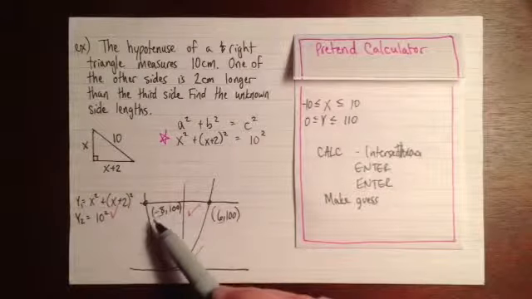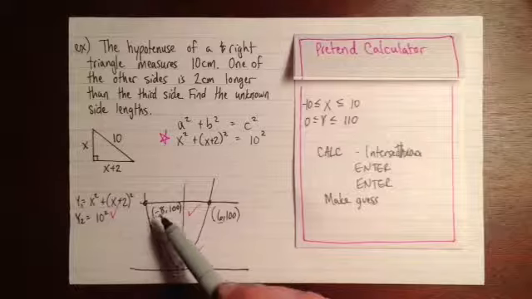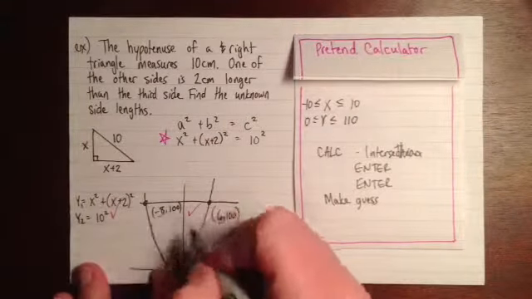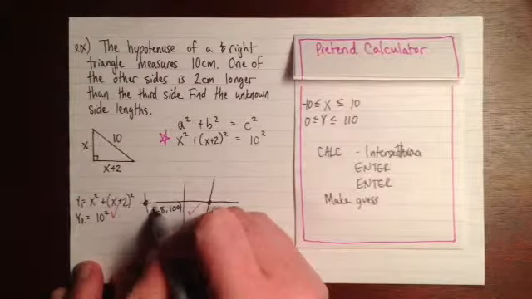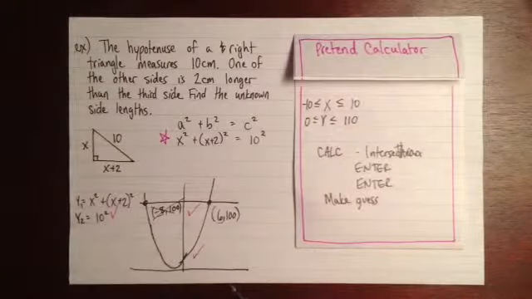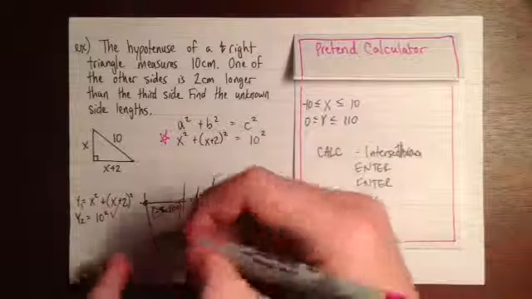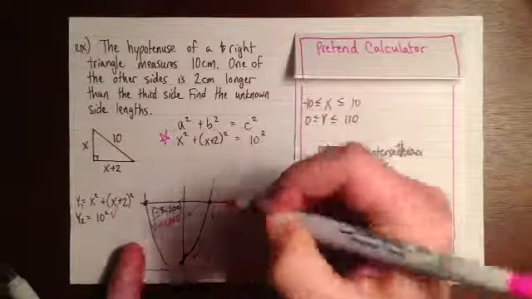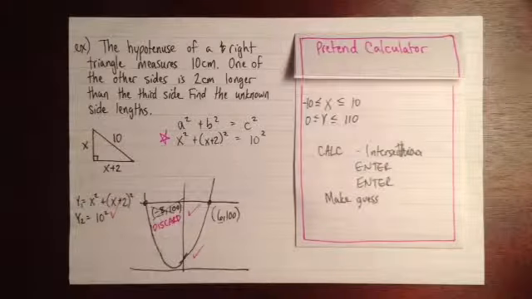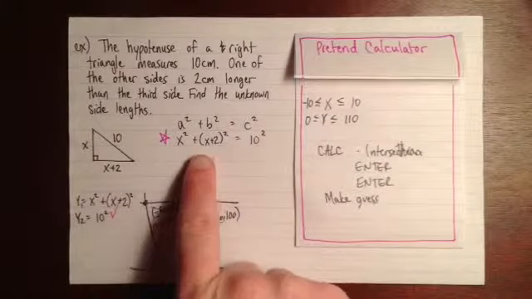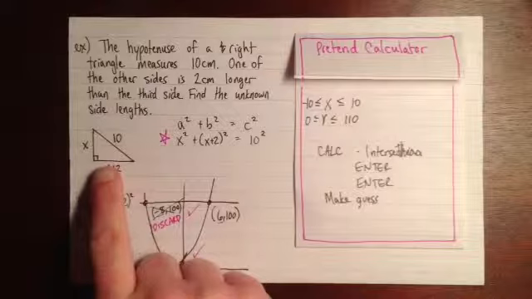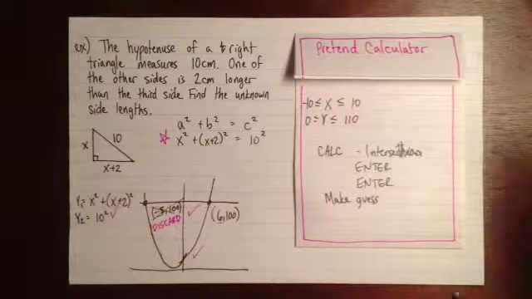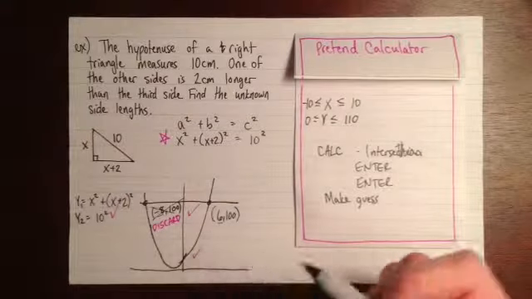But x is -8 doesn't make any sense, to have a side that's -8 centimeters long. If we have answers that don't make sense in the context, you can put a big X through them and then write the word discard. It's a solution to this equation, but it doesn't make sense in the original context of the problem, because we can't have a side length of -8. So that means that one of the sides is 6.